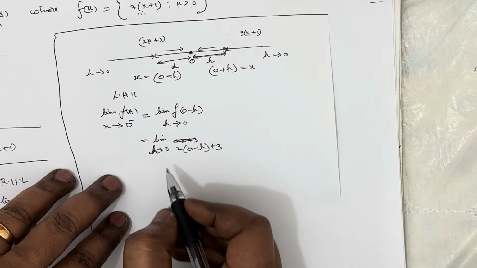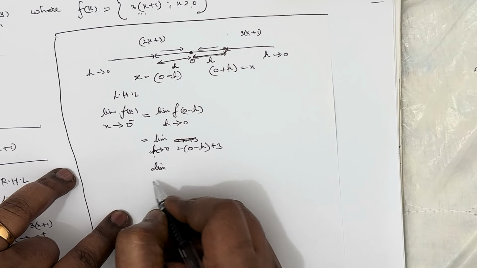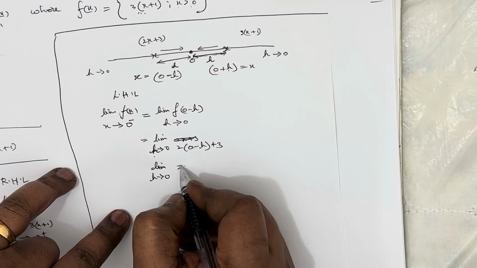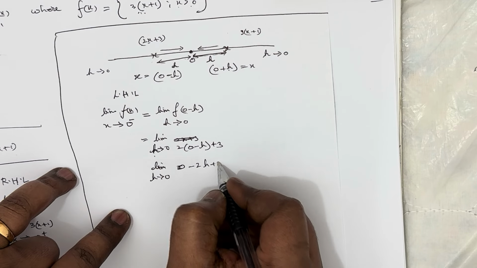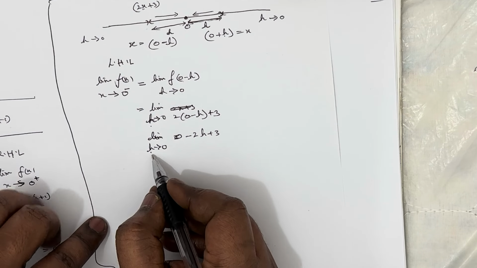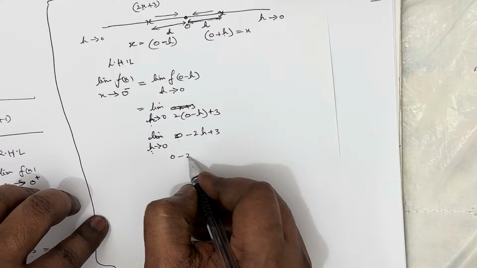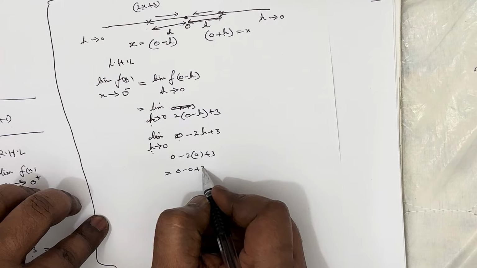Now again limit h tends to 0, we multiply 2 inside, it becomes 2 into 0 minus 2 into h plus 3. Now when we put the value of h here, we get 0 minus 2 into 0 plus 3, which is equal to 0 minus 0 plus 3, which is equal to 3.